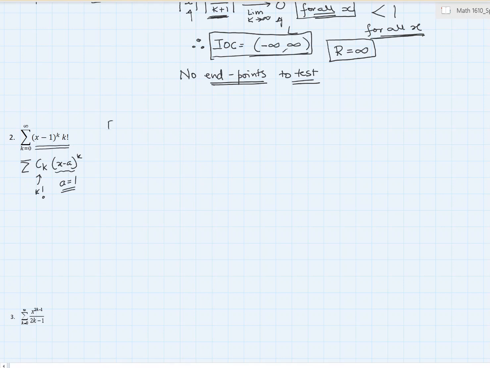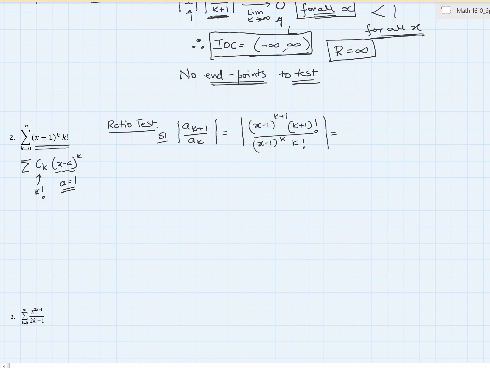So again, we're going to use the ratio test, and so step 1 is take this ratio, so that comes out to x minus 1 raised to the power k plus 1 times k plus 1 factorial divided by a_k. a_k is simply x minus 1 raised to the power k times k factorial.